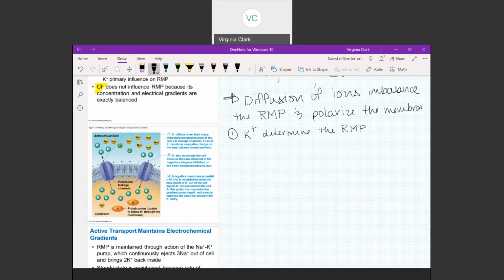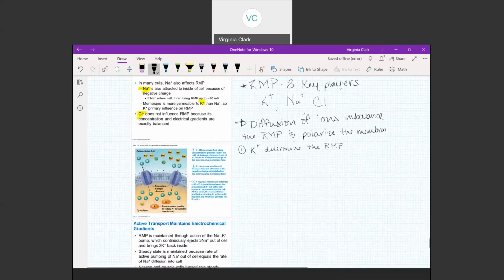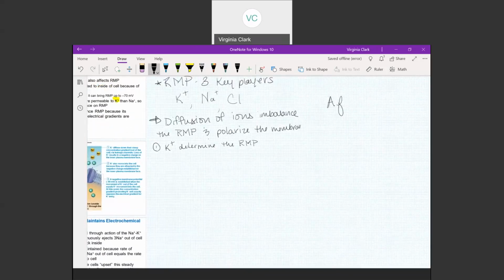How does that do that? So remember, after we did our sodium-potassium pump, we ended up with 3 sodiums out for every 2 potassiums in.